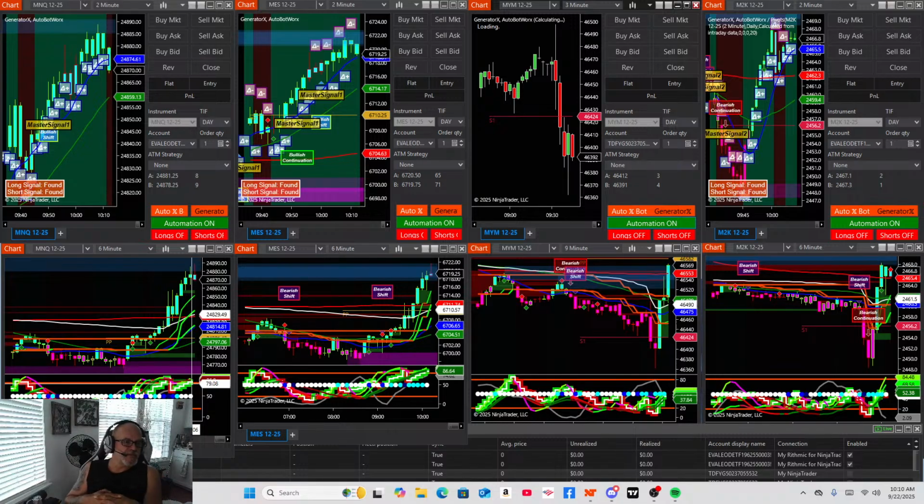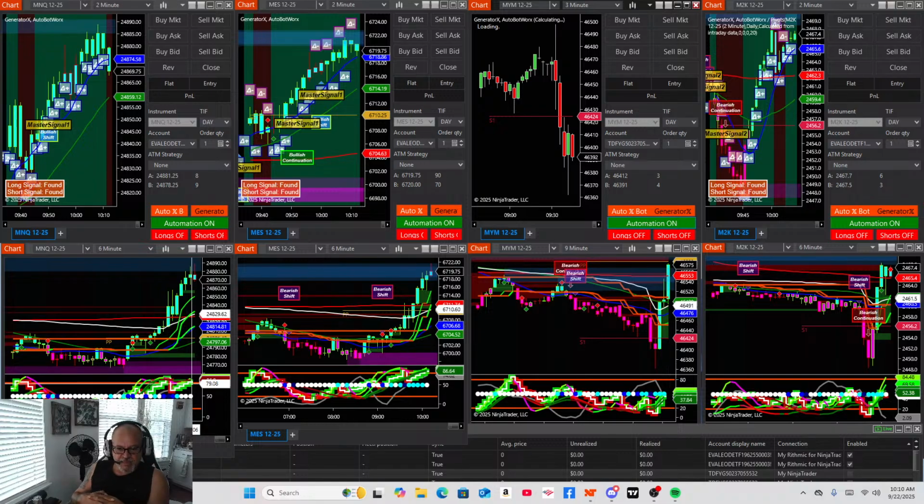I haven't traded anything else yet, but I might start thinking about putting shorts on NQ here, or ES, one or the other. I just have to see if we break through the 21 there.